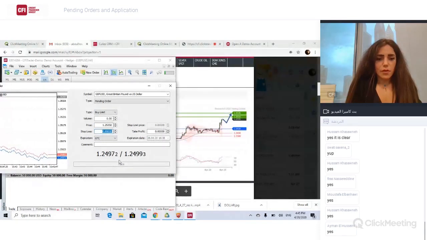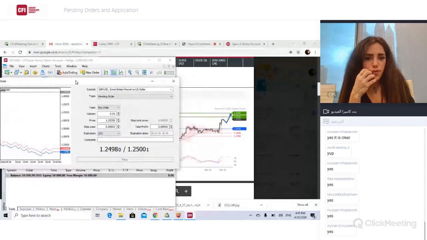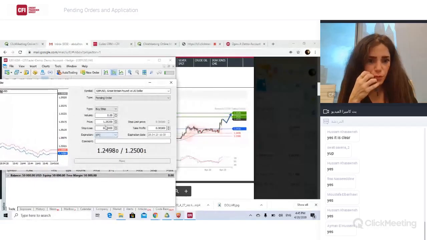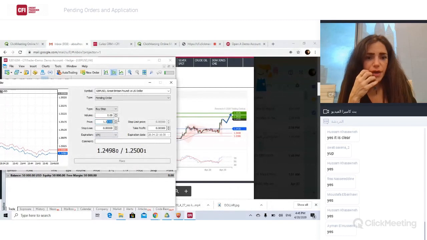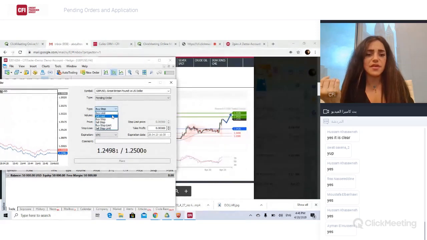I want to buy. I don't know why the place button is not showing. 1.253. I specify the price that I want to buy. When it reaches this price, it will buy. It should be a buy limit here. When we reach this price, I'm telling the market, please open a position for me.